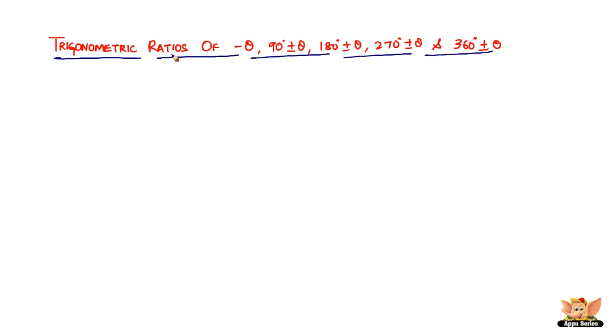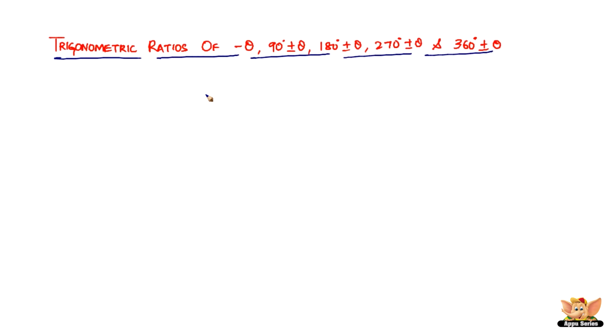We know that sine theta equals 1 by cosecant theta, or sine theta equals just opposite by hypotenuse, and so on. In this video, let us look into the trigonometric ratios of various other angles that we may come across, to help us find the trigonometric ratio of any magnitude. So that's exactly what we're going to equip ourselves with by completing this video.